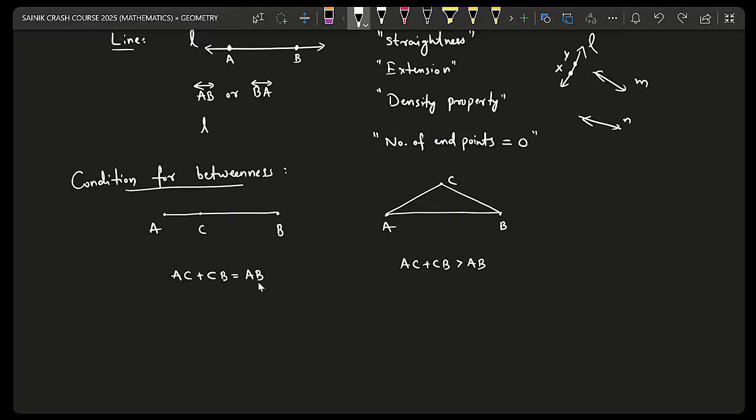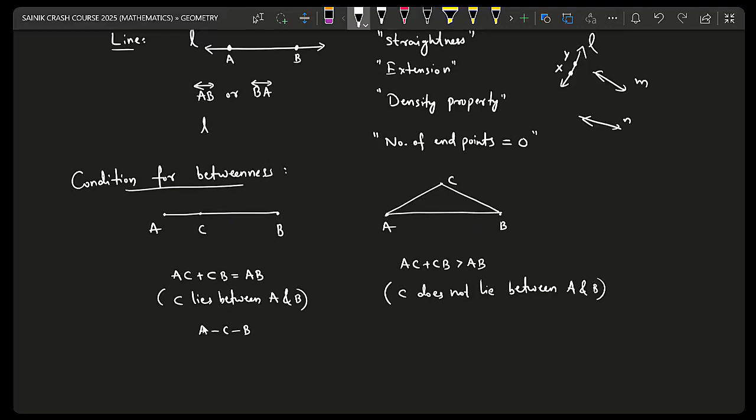Whenever AC plus CB is equal to AB, we can say C lies between A and B. And whenever AC plus CB is greater than AB, then we can say that C does not lie between A and B. So this is the condition. So what is the condition for betweenness? Whenever AC plus CB is equal to AB, we can say C lies between A and B. And in that particular order, we write ACB order.